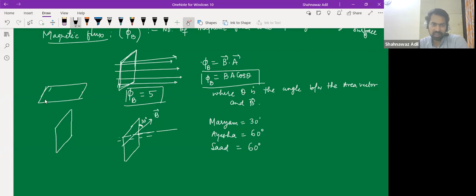This is the area, and this is the plane.